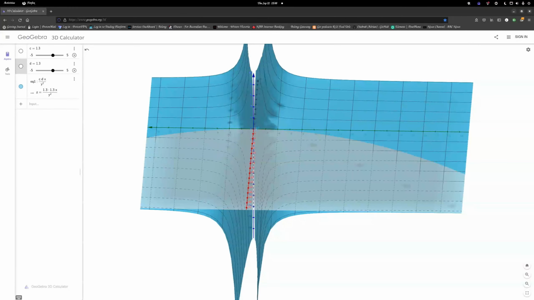Here Z is F, our gravitational force, in kilograms meters per second squared. C is our constant, as I mentioned, 6.67 times 10 to the negative 11, or 1.3 here.